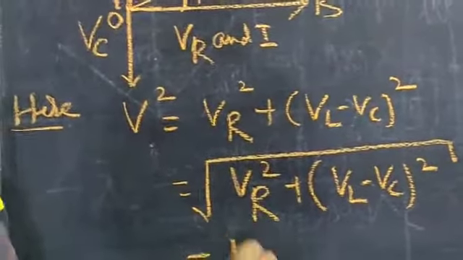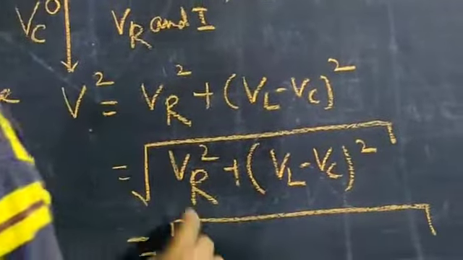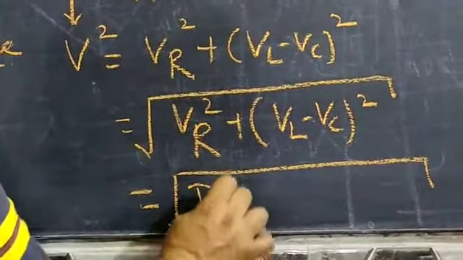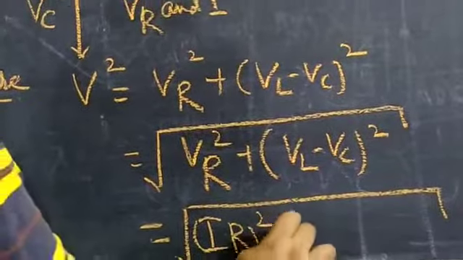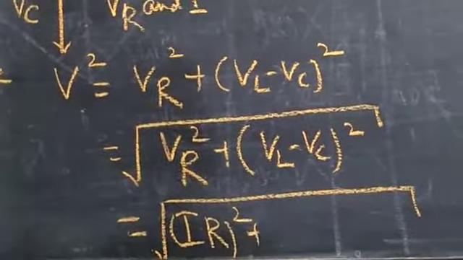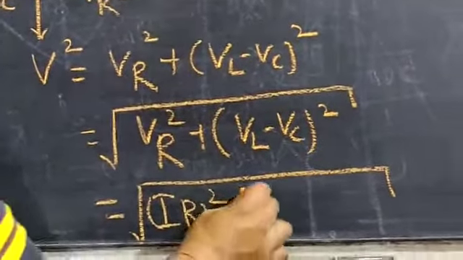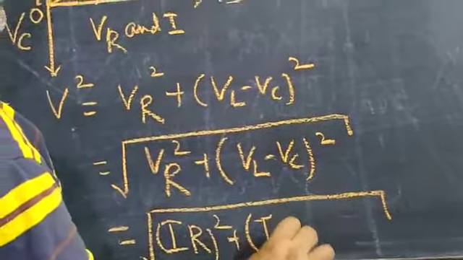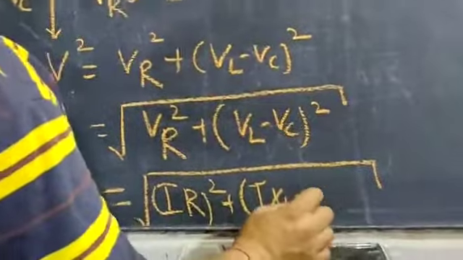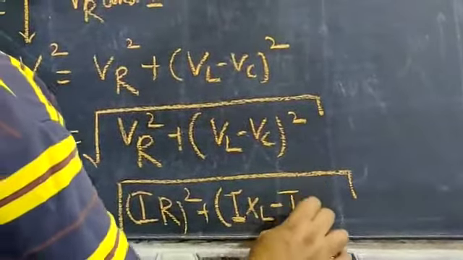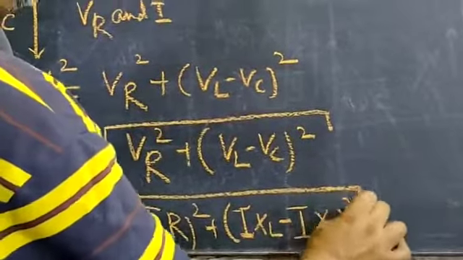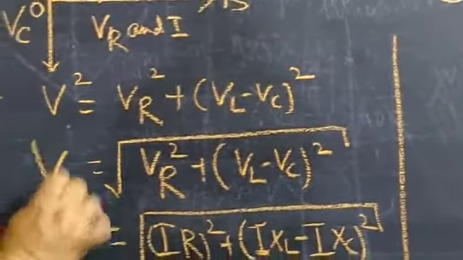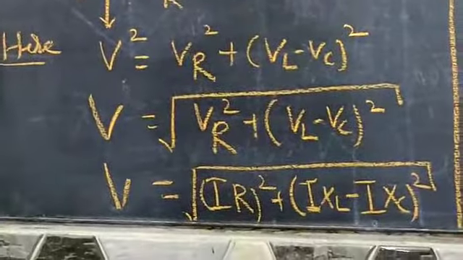This VR can be written as I into R, so (IR) squared plus VL. VL is the voltage across inductor, so it is the product of I and XL. So VL can be written as I XL and VC can be written as I XC, whole squared. So V equals this much.